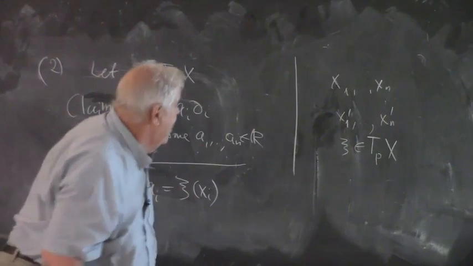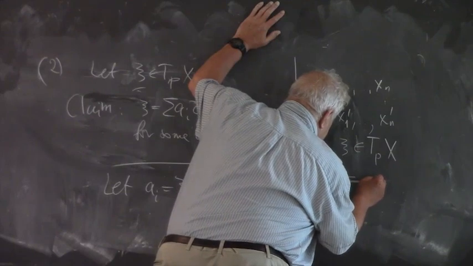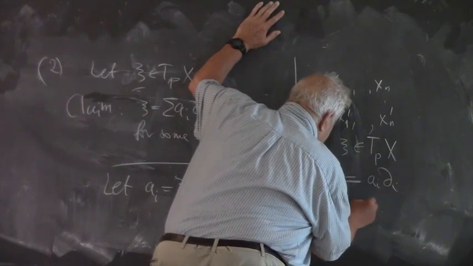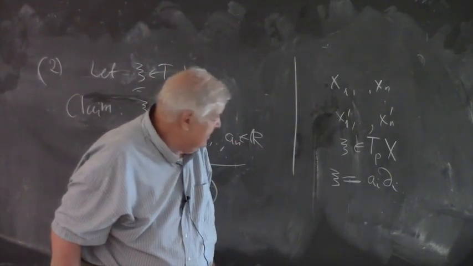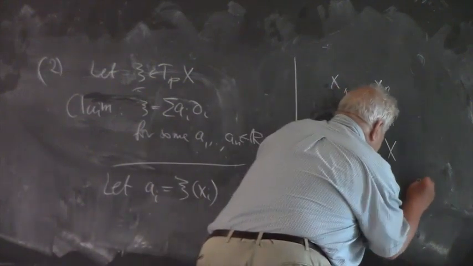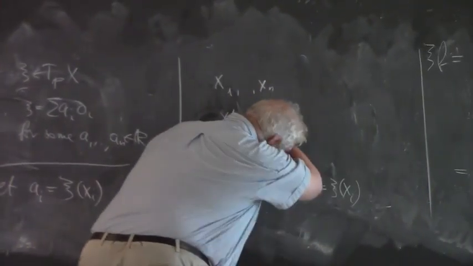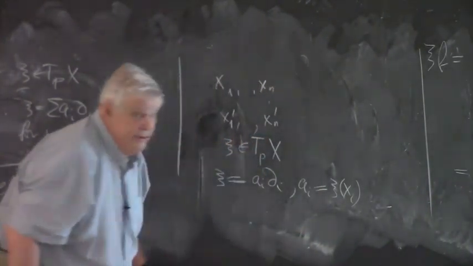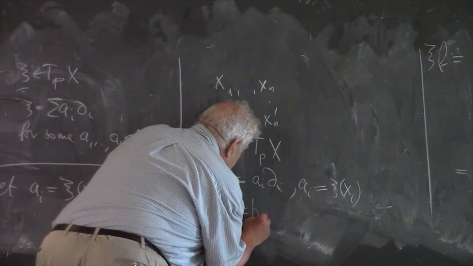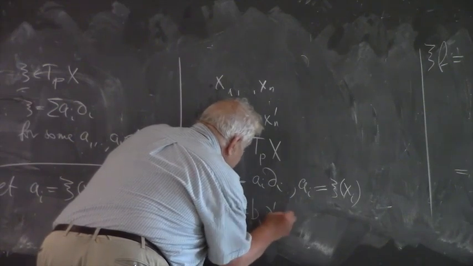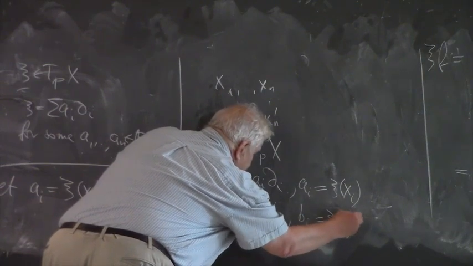Then Xi is the sum of ai di, where ai is Xi of xi. Very interesting. But also, this is the sum of bj d prime j, where bj is Xi of xj prime, right?